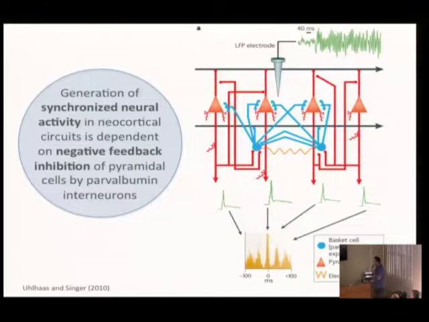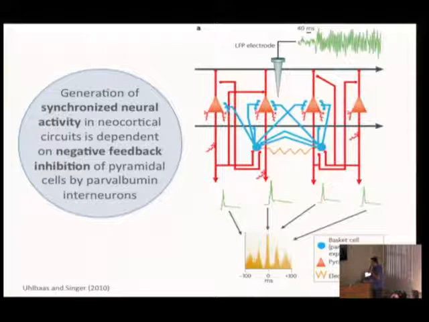And here you can see gamma oscillations recorded with an extracellular local field potential electrode. And these are pyramidal cells and interneurons, basket cells.